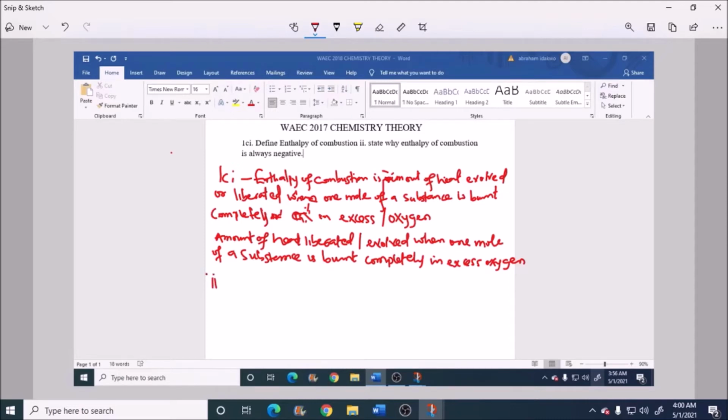Then 1C Roman figure 2, we have to state why enthalpy of combustion is always negative.